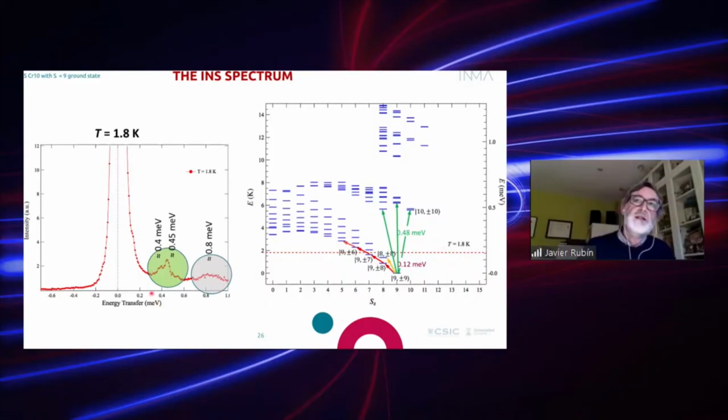So this structure here comes from excitation from the ground state to this set of states, and here it's not so clear, but here we have two higher states. All these here have not been calculated, but they are not accessible by inelastic neutron scattering, so we don't care about this part because we cannot see it with that.